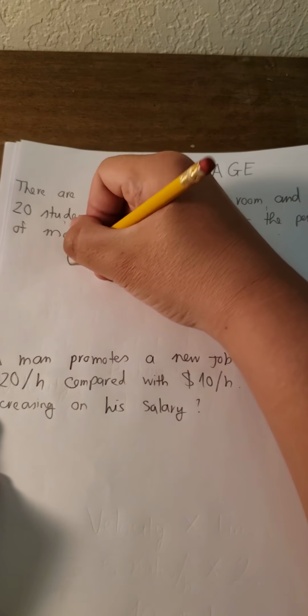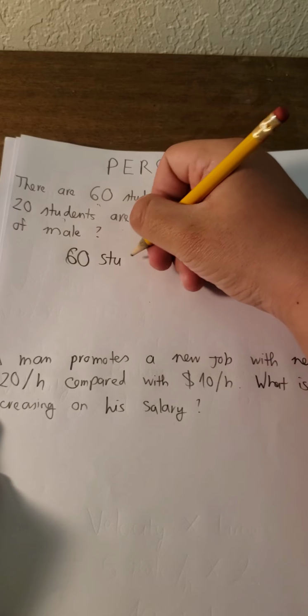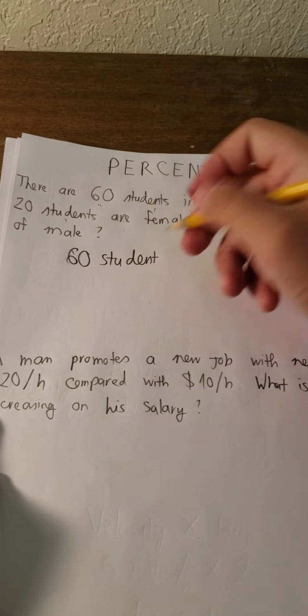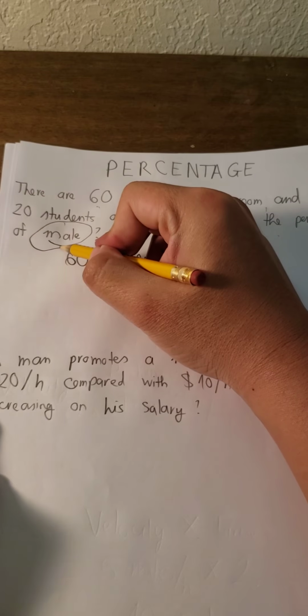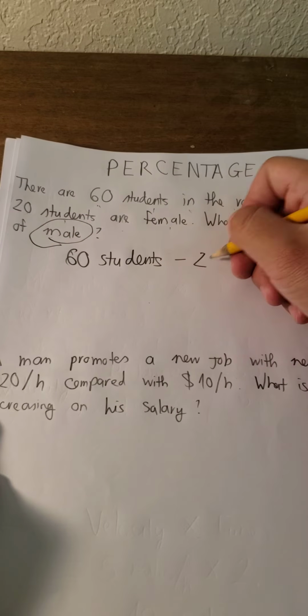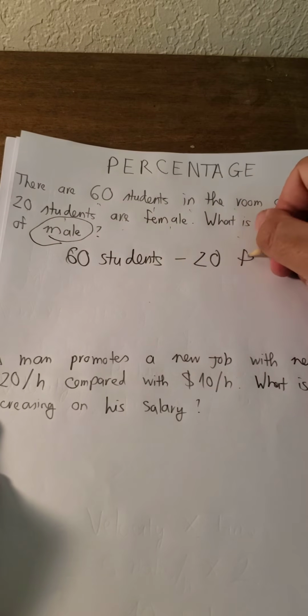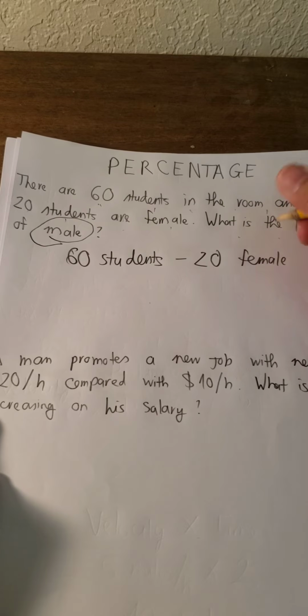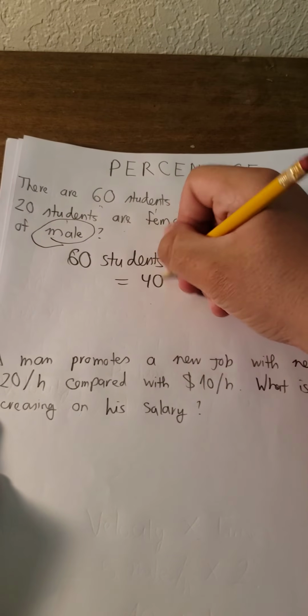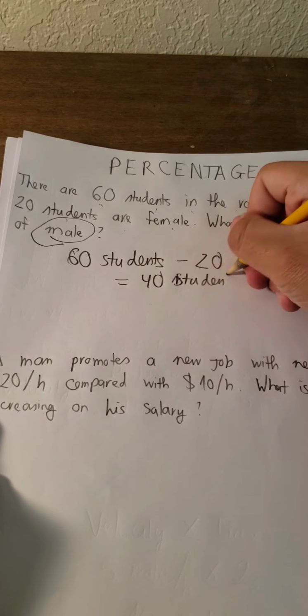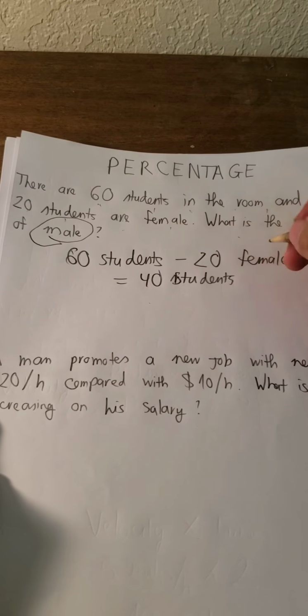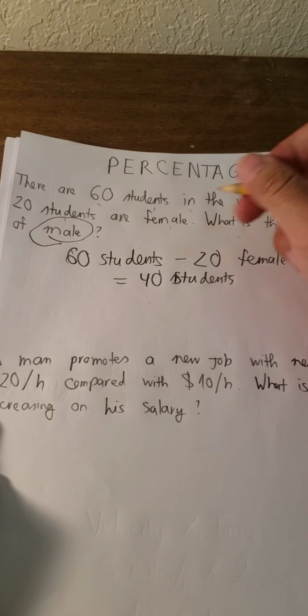So we have 60 students in here. We need to calculate how many students are male. So we need to subtract 20 females. So we have 40 students, and they are male.